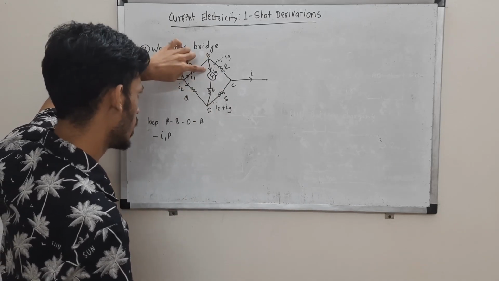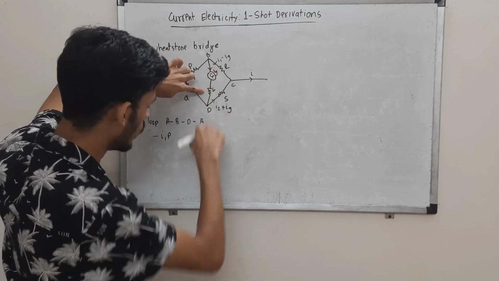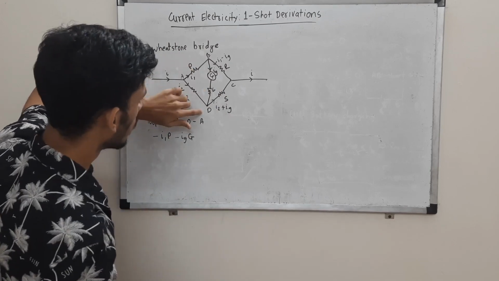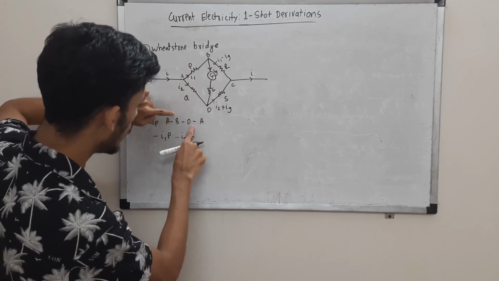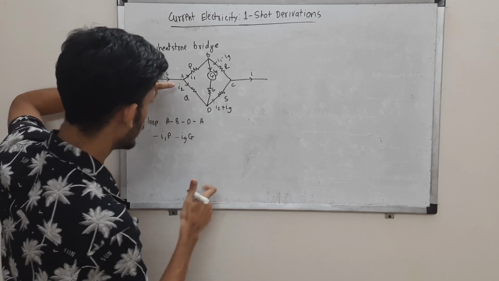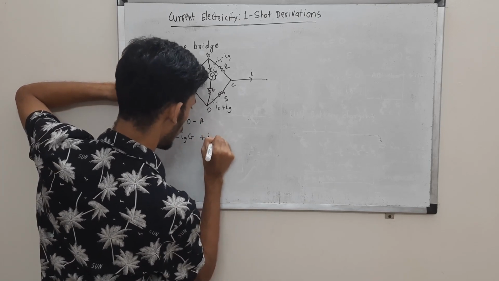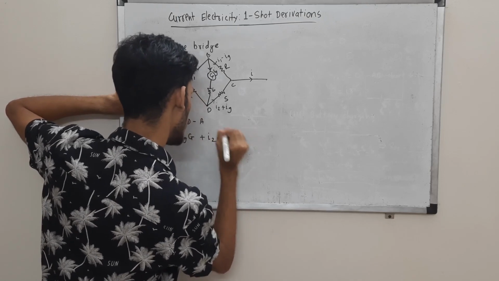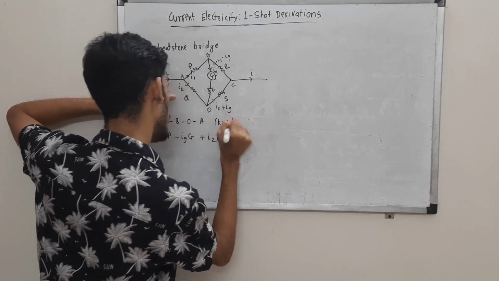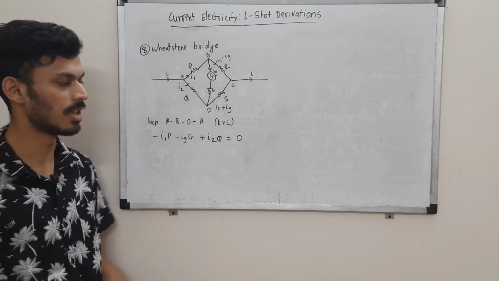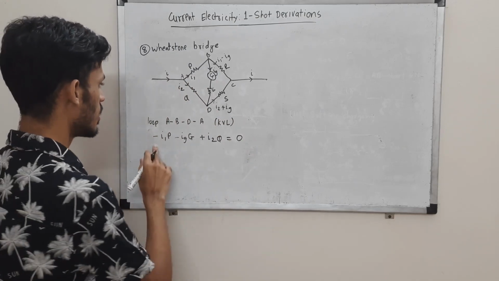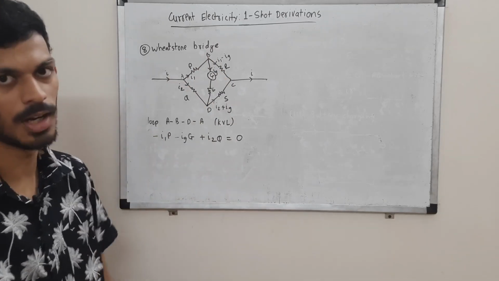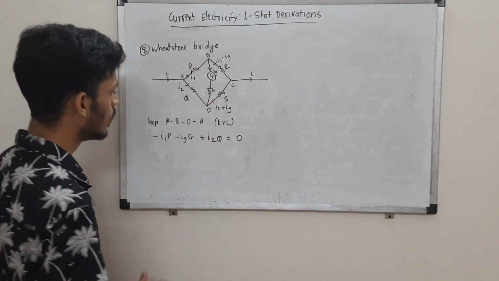Current is Ig, and we have G, and we are moving in the direction of the current, so again negative IgG. Coming over here, we are moving from D to A, and the current is in the opposite sense, so positive, opposite to the current, I2 times Q. We are applying KVL over here: the sum of the voltages across a loop is equal to 0. This is the voltage across this, this, and this, with proper convention, and this is equal to 0.